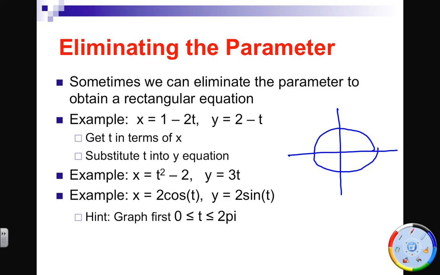Obviously. I'm trying to graph this here, 0 to 2 pi. Window, come on. Why is my calculator not working?